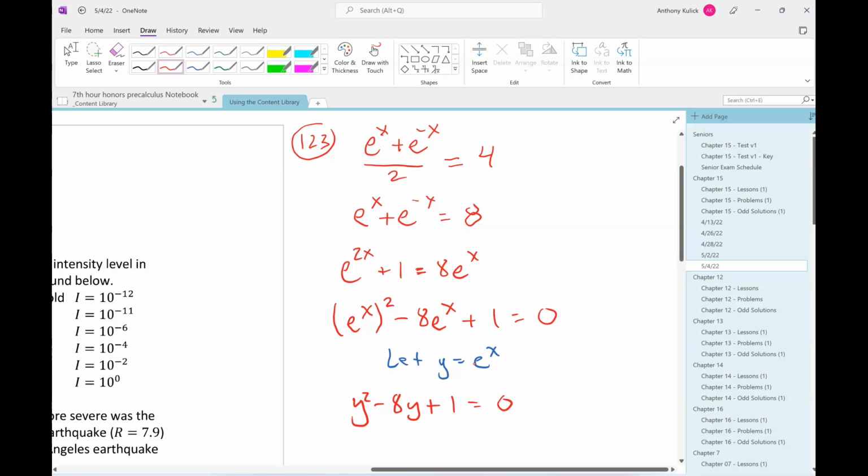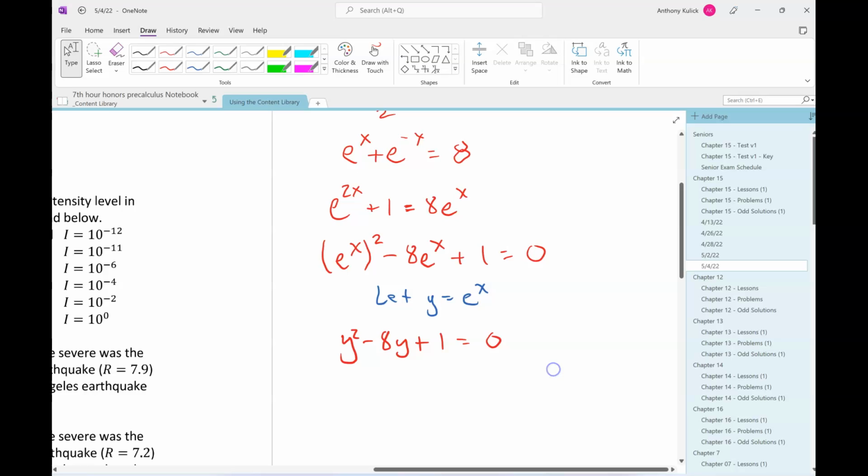I'll make a little substitution so that it looks fully quadratic. I'll solve that using the quadratic formula since it's obviously not factorable. There aren't two things that multiply to give me 1 and add to give me 8, or negative 8, I should say.